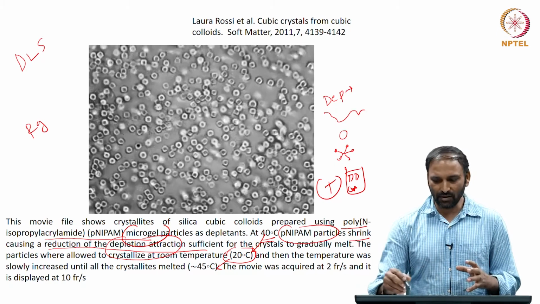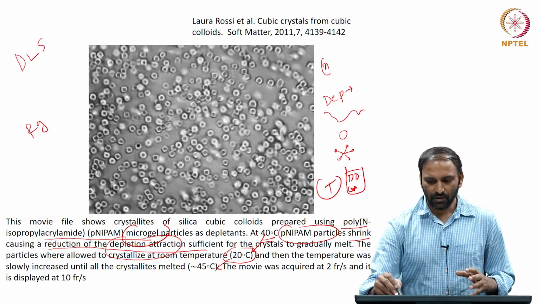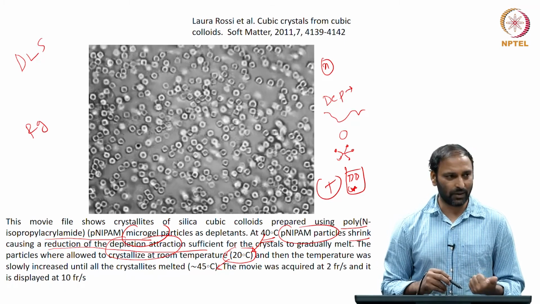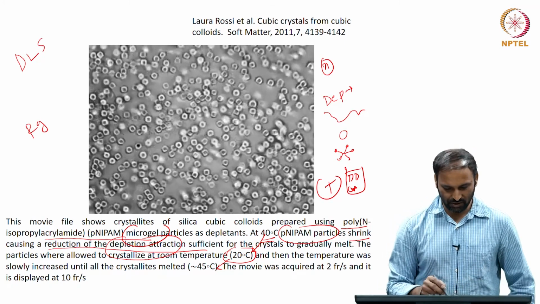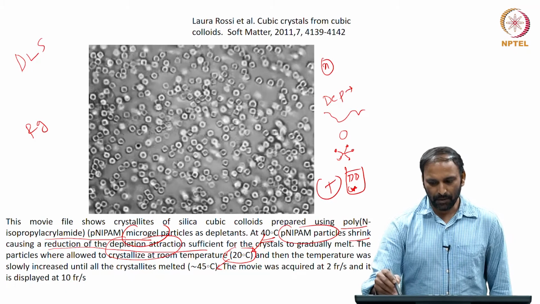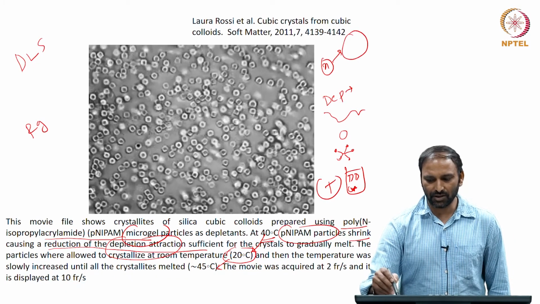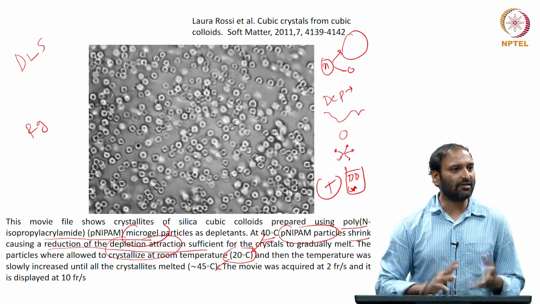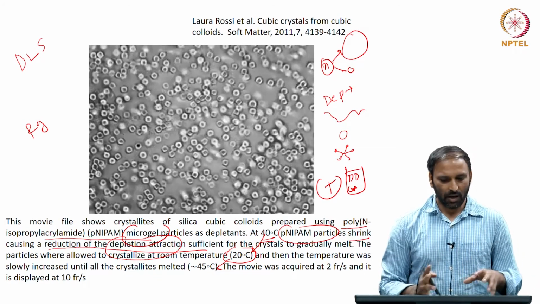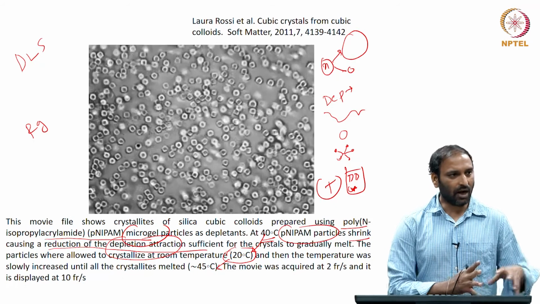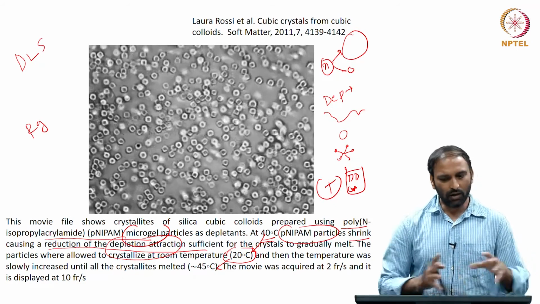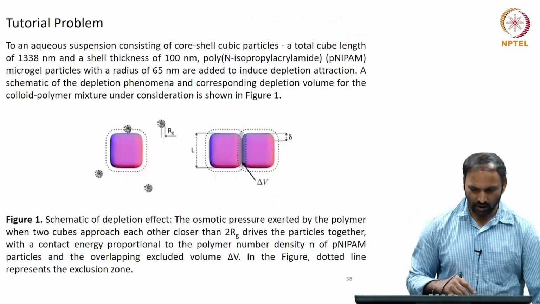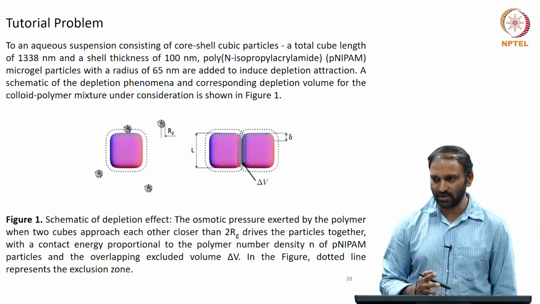I am keeping the number of p-NIPAM particles the same, a constant concentration, but just by making them larger or smaller, I am able to control the strength of depletion interaction that leads to either the formation of a large aggregate or a crystal, or I can melt the crystal away just by tuning the dimensions. So I've just formulated a problem based on this.